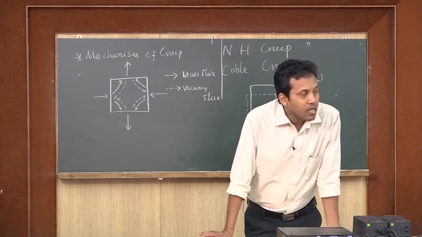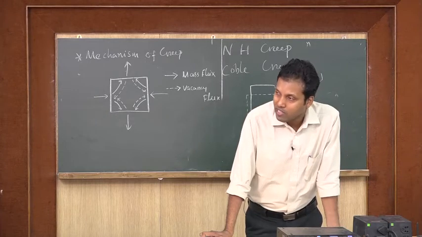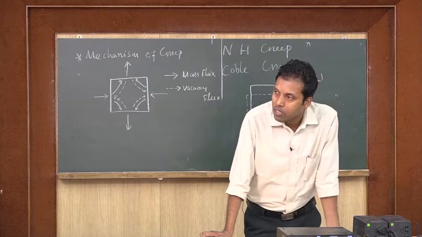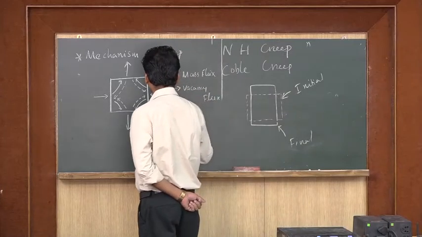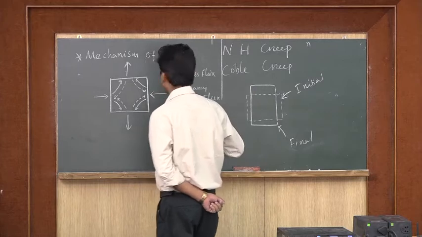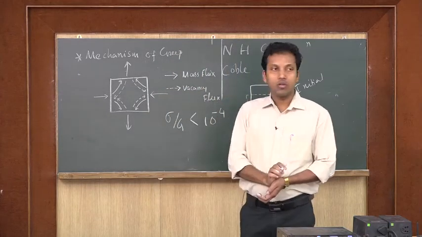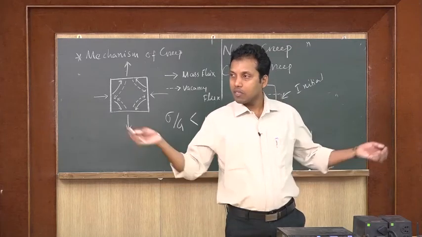So, this is known as the Nabarro-Herring creep mechanism, and this creep occurs at low stresses. Low stresses means what? Sigma by G less than 10 to the power minus 4. Nabarro-Herring creep, or diffusion creep rather, occurs when sigma by G is less than 10 to the power minus 4. Okay, because we cannot directly write sigma, because sigma for many materials will vary.